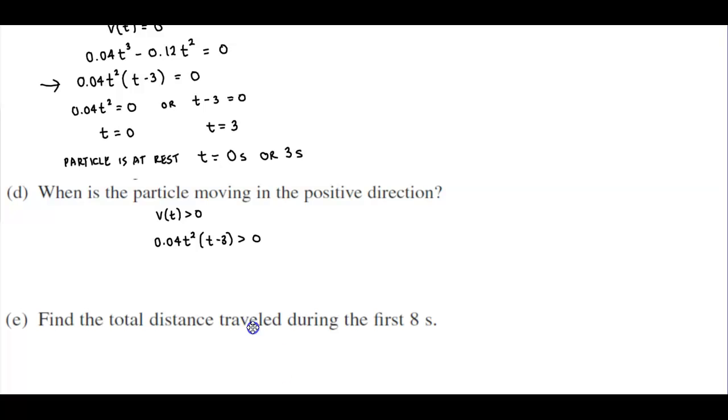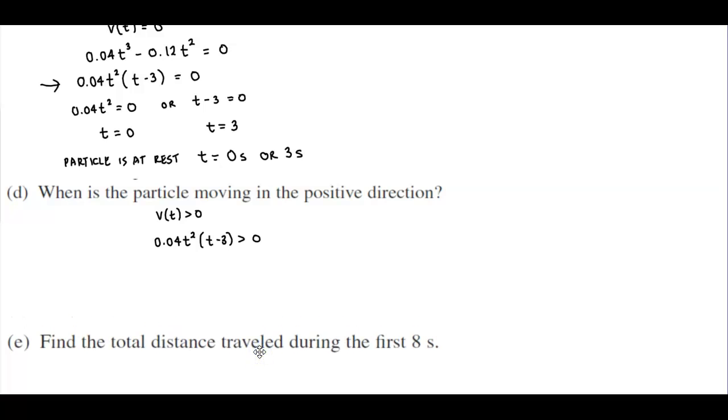If we take a look at the number line, we have a critical point at 0, which is one of the times we found, and then another one at 3.